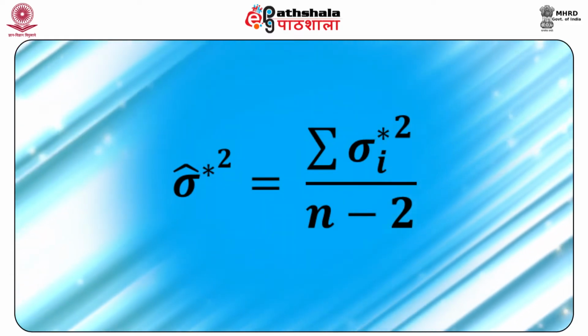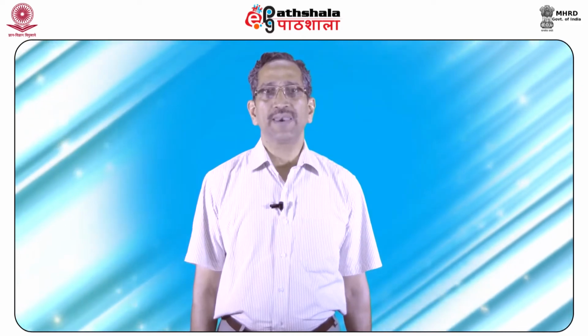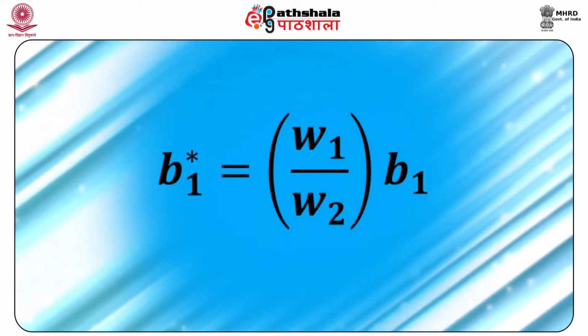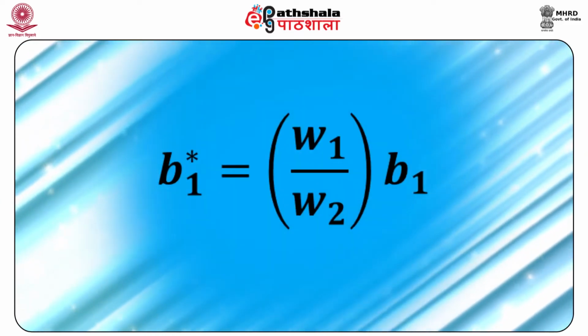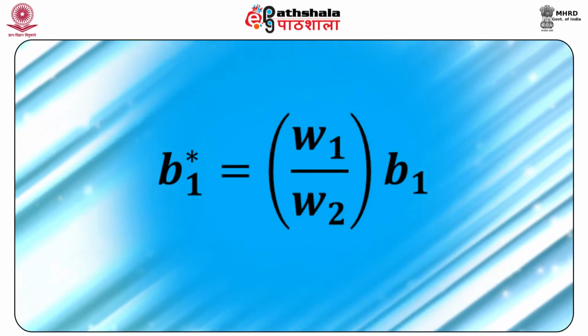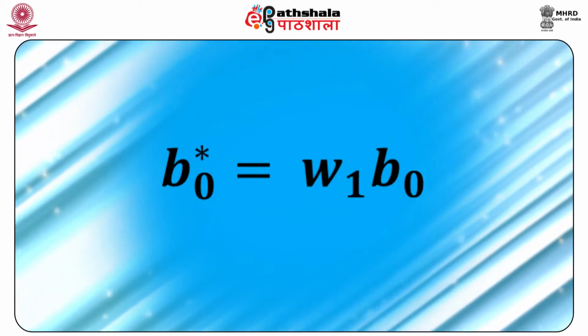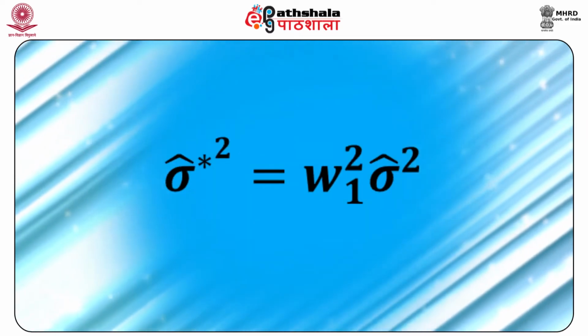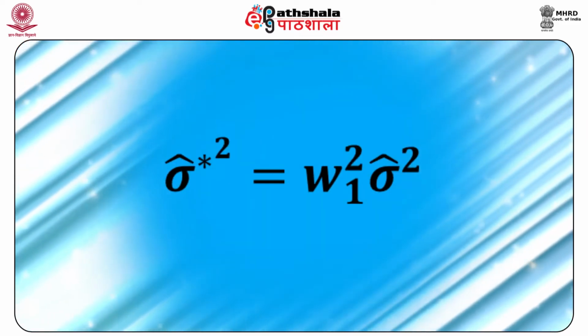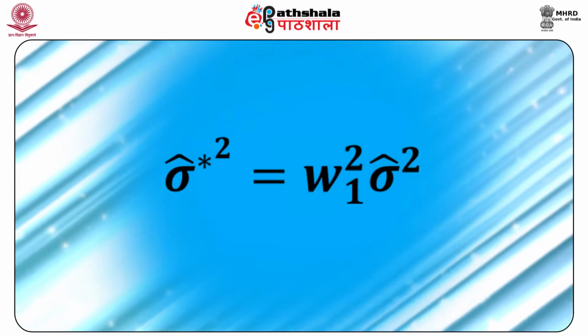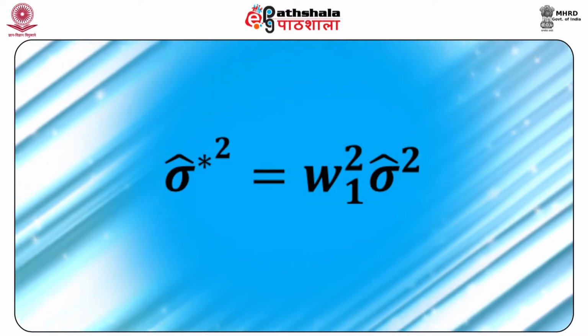Now, if we compare the OLS estimates of both equations, what we get is that b1 star is equal to W1 upon W2 into b1, and b0 star is equal to W1 into b0. Similarly, we get sigma star hat square is equal to W1 square into sigma hat square.